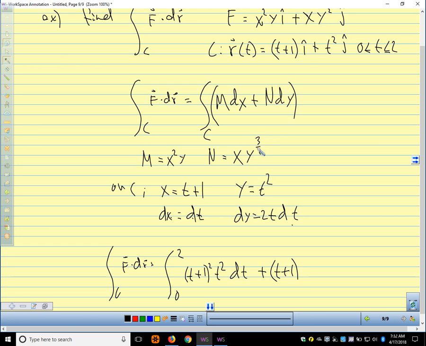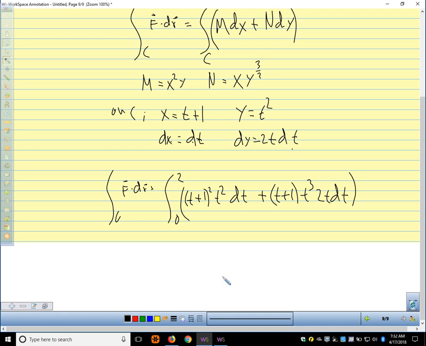T squared to the 3 halves is t to the 3rd. And then we have times dy, 2t dt. And this is an easy integral to evaluate. And that gets 256 thirds.